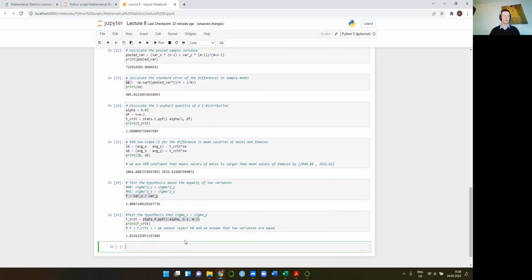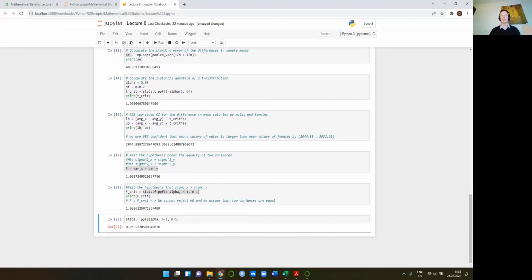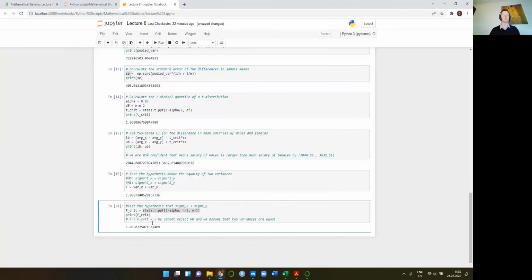So let me just demonstrate that there is no reason to do this. If you calculate it, it is less than 1. So automatically our F statistic is going to be greater than this lower bound. There is no need to test this.